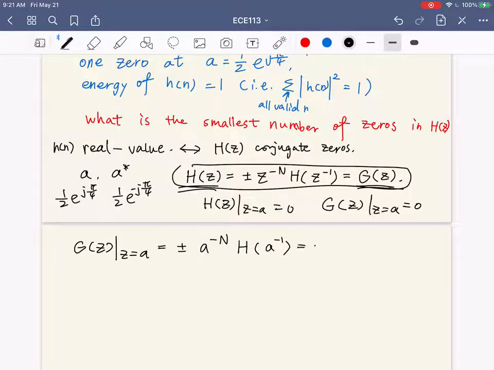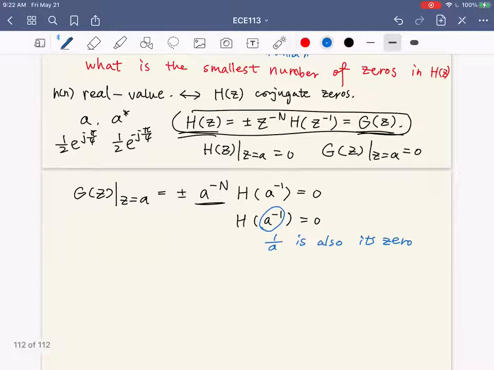And we know that this is 0. Okay, and here A is not 0, so we know that H of A to the minus 1 equals 0, right? Here comes a conclusion. For the symmetric filter, if A is 0, then A to the minus 1, or we say 1 over A, is also a 0, right?